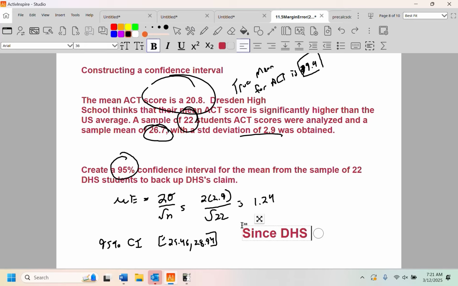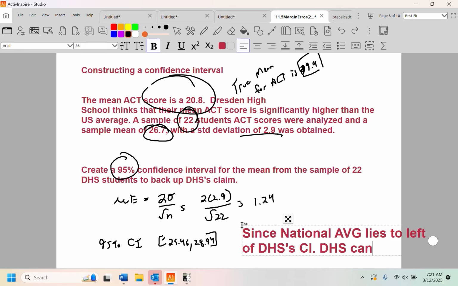Since the national average lies to the left of DHS's confidence interval, that shouldn't happen. DHS can support their claim.